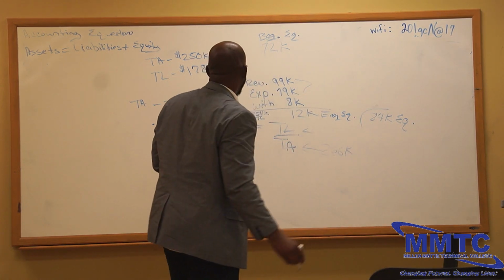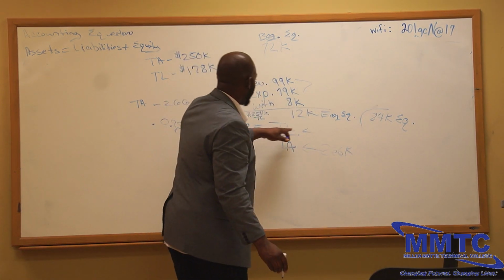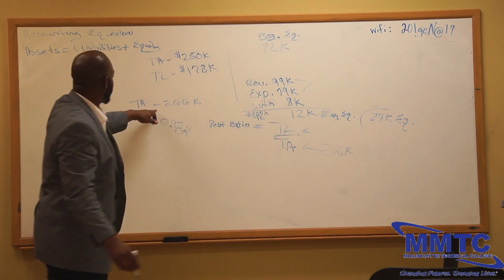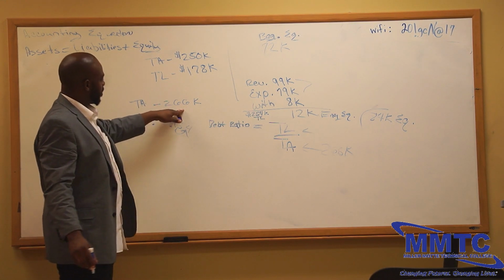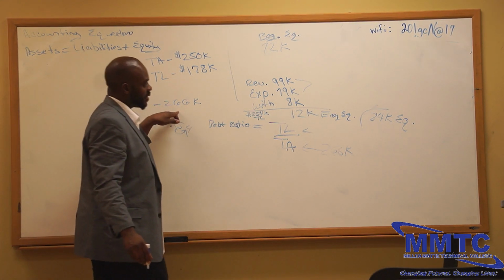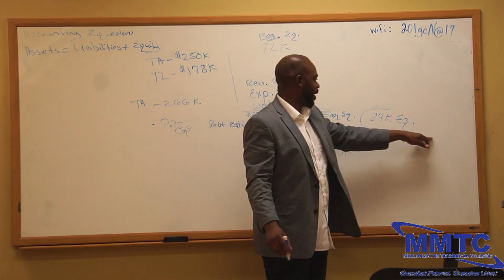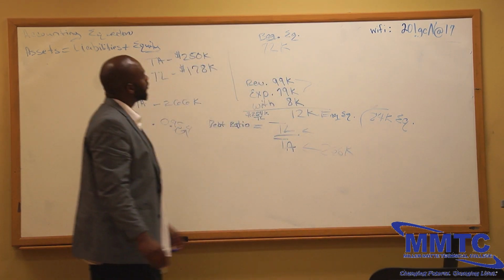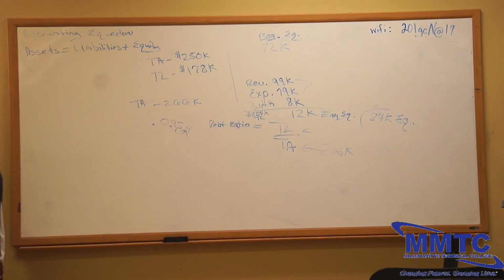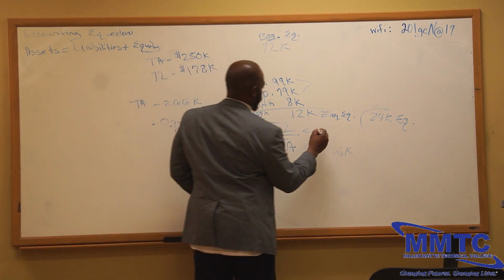So what do we need to do with that number? Take it from where? 266. Take 266 minus 84K. 182.